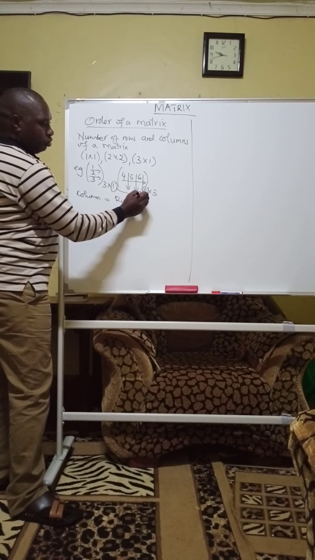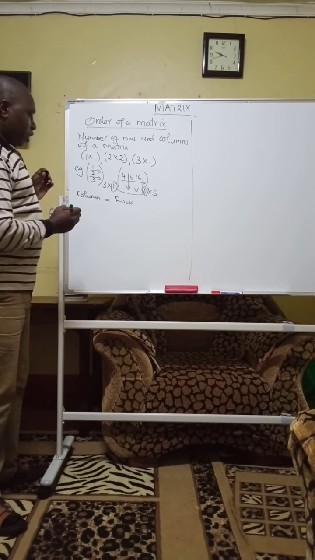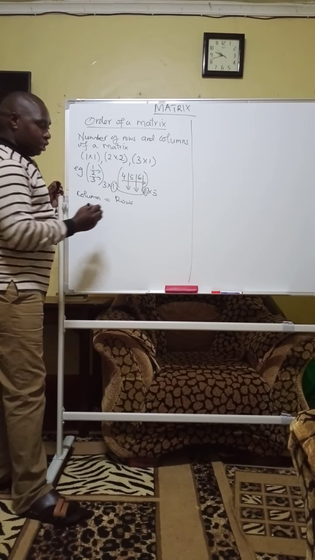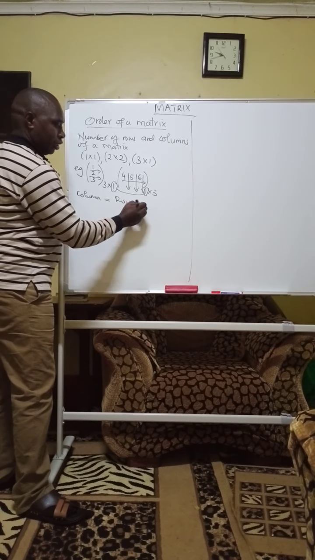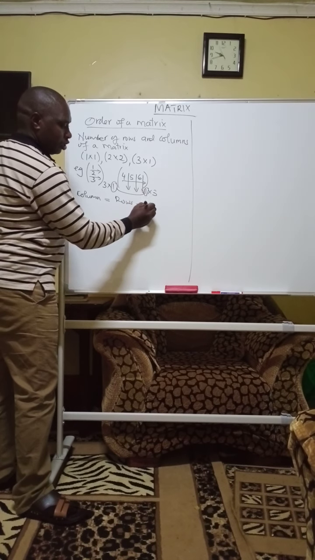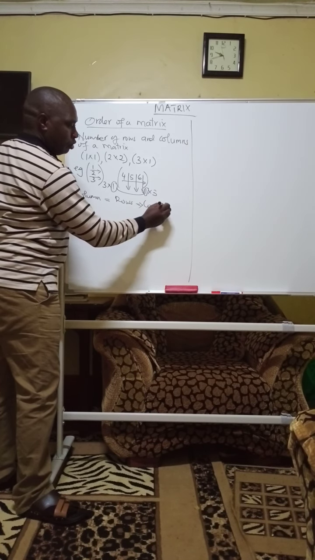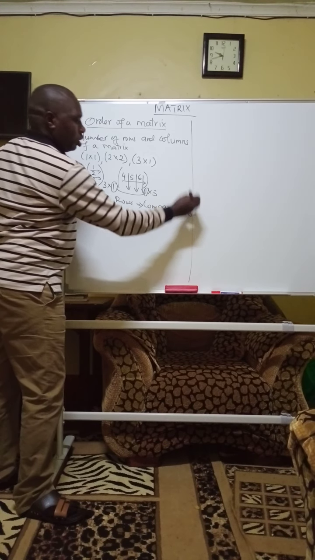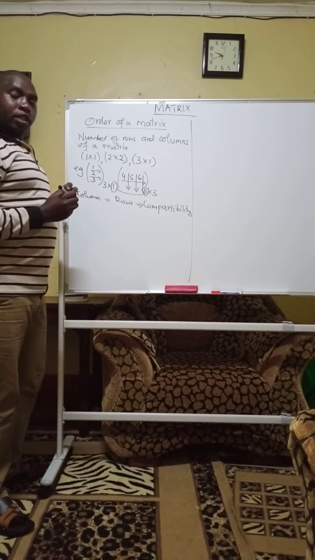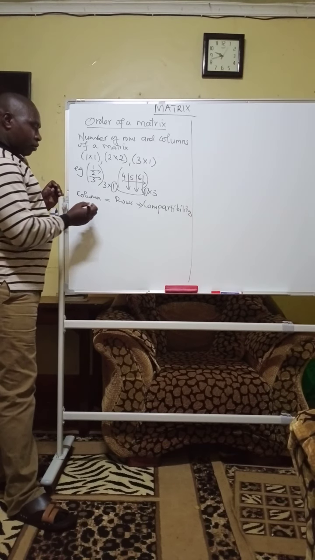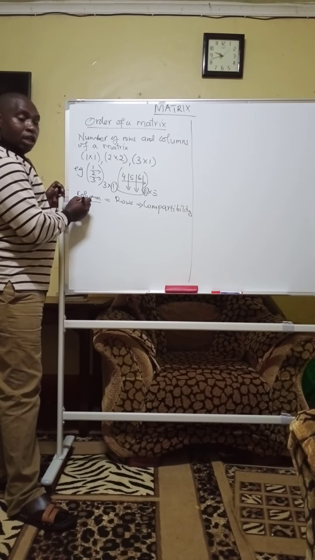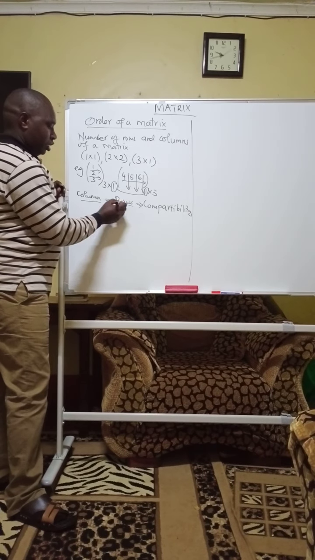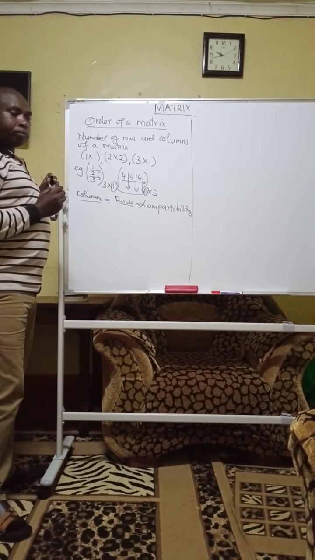So you can check the two are actually the same. So when the two are the same, it means that these matrices can be multiplied, and therefore we say that these matrices are compatible. Now, the compatibility of matrices, therefore, is defined by the number of columns in the first matrix and the number of rows in the second matrix.